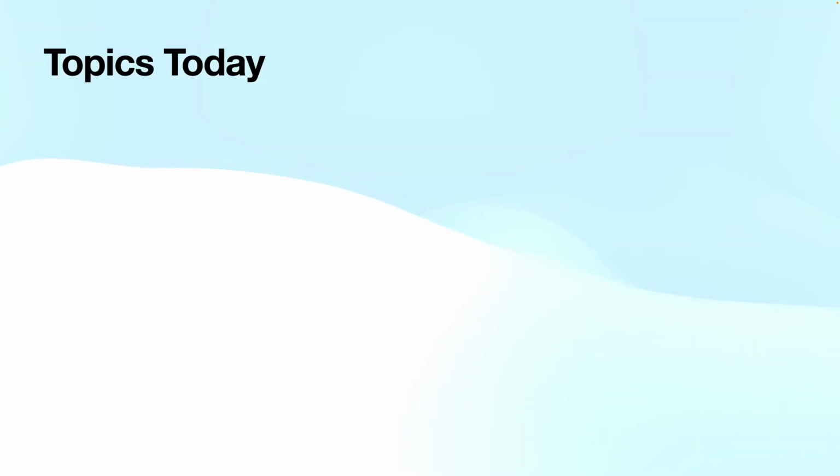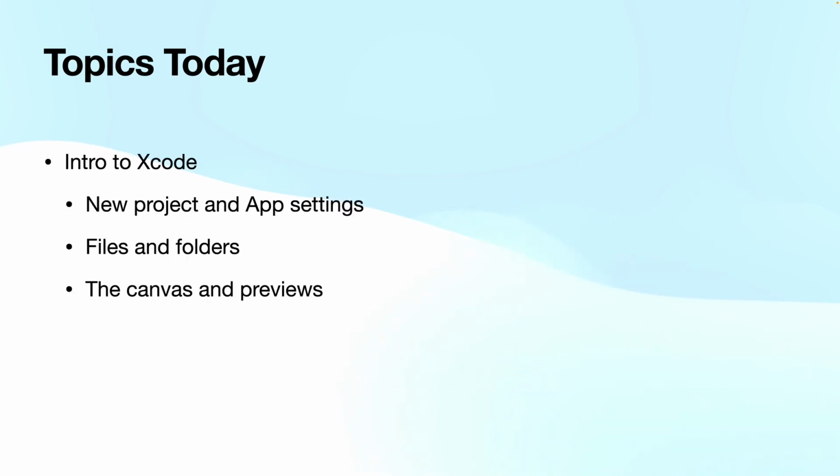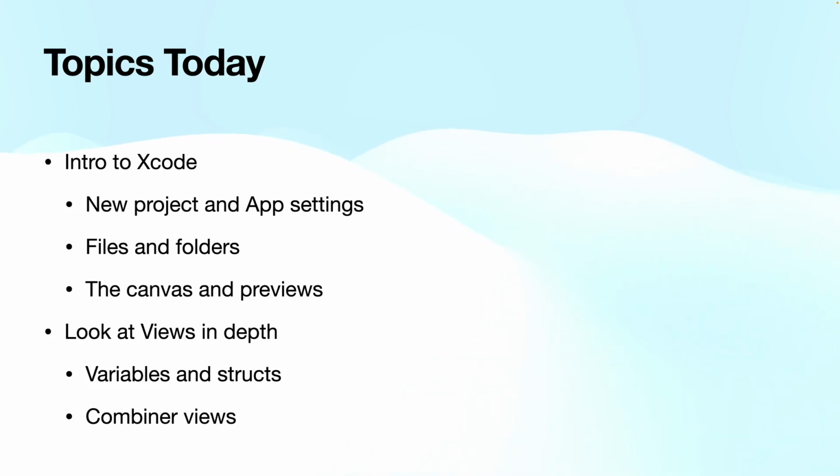So today we're going to cover a couple of things. First is Intro to Xcode, so what we just talked about, but we're going to look at it a little more in depth and interactively. And then you've already been using views, and it's good to use them, and sometimes it's fine to just use the thing, but it's also good to understand how the thing works and why it works.